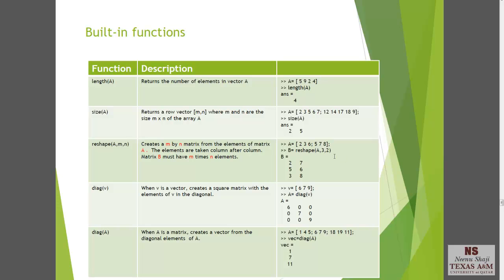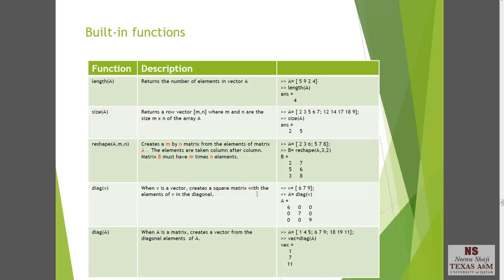You can also reshape it to 6 rows and 1 column. So reshape A, 6, 1. Another possibility is reshape A, 1, 6. Next command is the diagonal command, diag of V, where V is a vector.